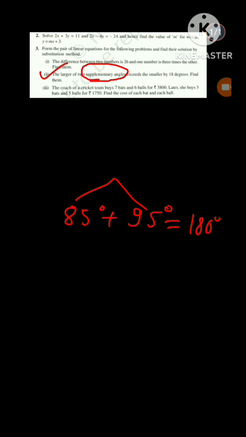It means these two angles are supplementary angles, right? And 85 degree is supplement angle of 95, and similarly 95 degree is supplement angle of 85. Now let's assume the larger angle be x, the smaller angle be y.